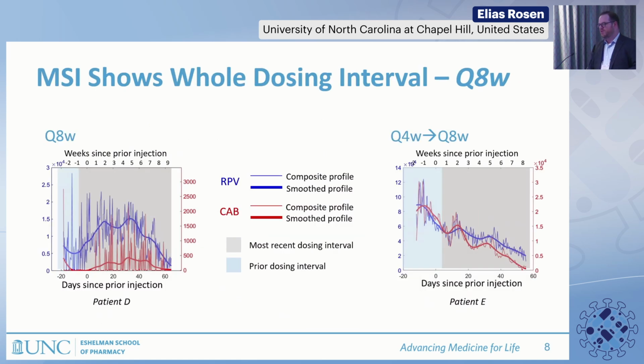And then for those individuals that were receiving injections on a bi-monthly basis, this retrospective window allowed us to see the entire dosing interval, or for individuals that were transitioning between dosing frequencies, we were also able to capture a good portion of the prior dosing interval as well.